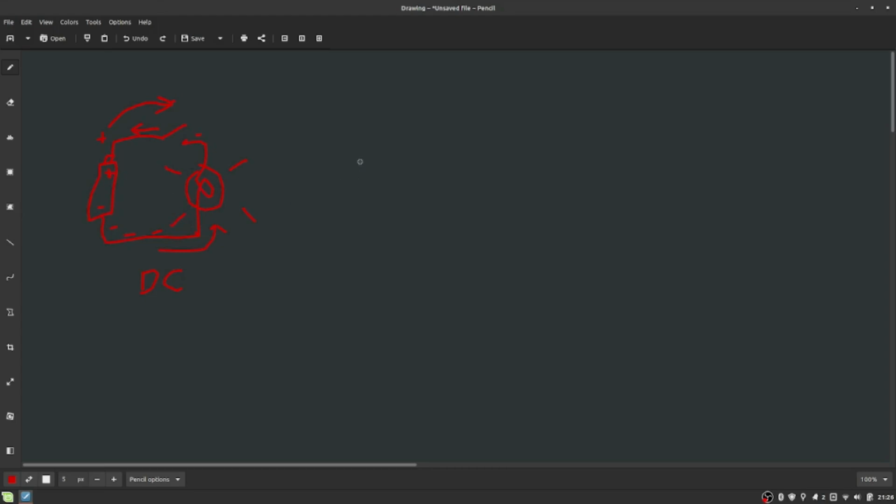Now, contrast that to this. I'm not even going to try to draw it, so I'll draw it like this. Here's my electrical plug, and I have two wires coming through here, and over here I have a switch, and it goes through a light bulb like this. Hopefully you recognize that as something that might get plugged into a 120 volt outlet. Outside of the United States, it might be 240 volts, but the same thing applies.